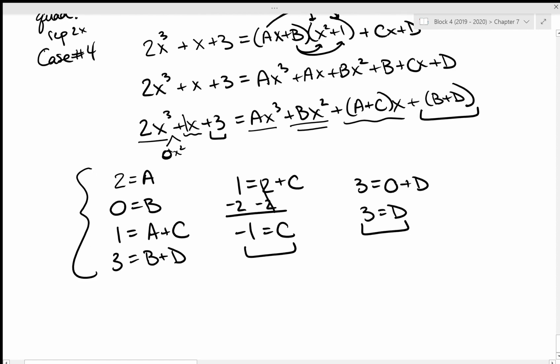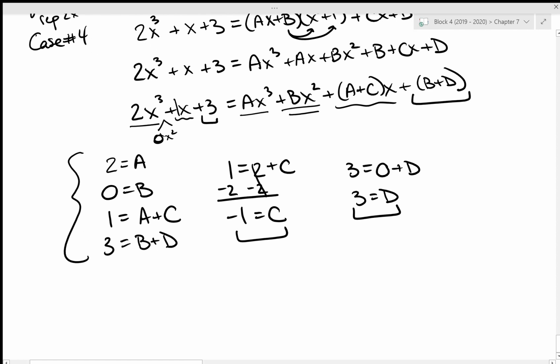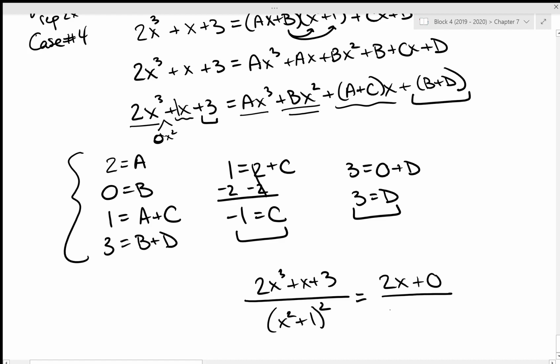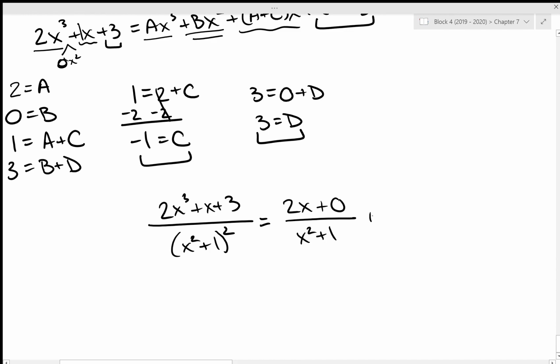Now I plug in my final answer, and I get 2x cubed plus x plus 3 all over x squared plus 1 squared equals 2x, you could put plus 0, you don't have to, over x squared plus 1 plus negative x, or you can write negative 1x, plus 3 over x squared plus 1, all in parentheses squared.